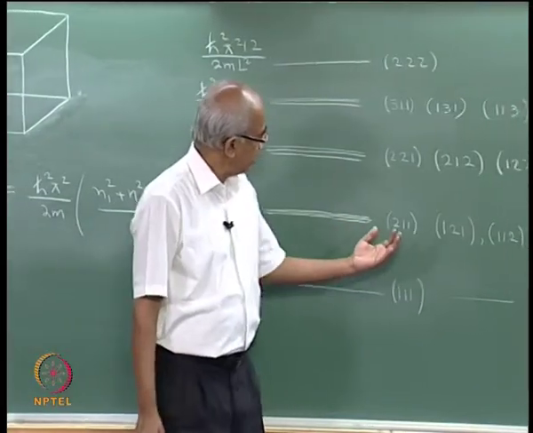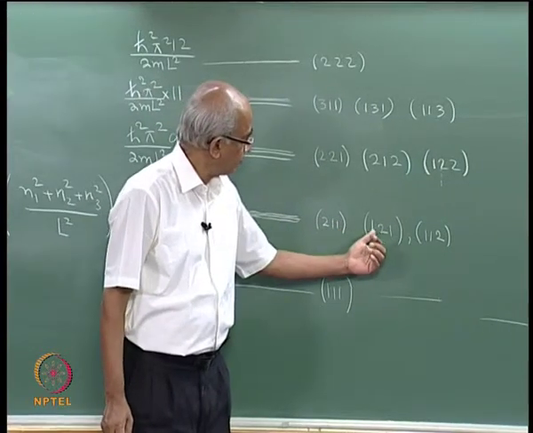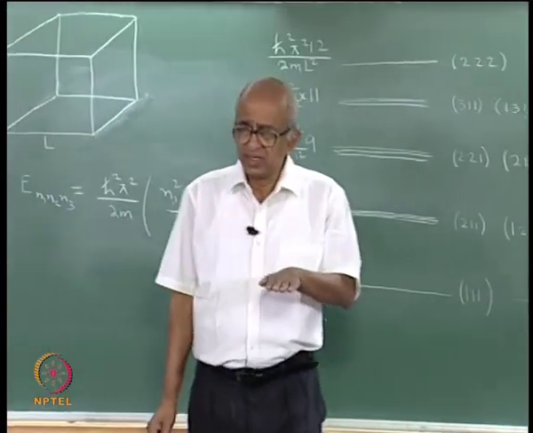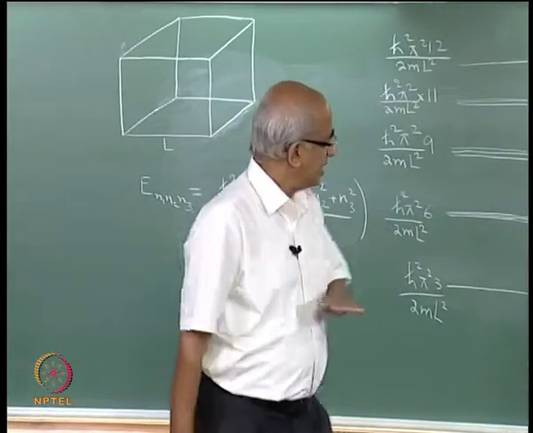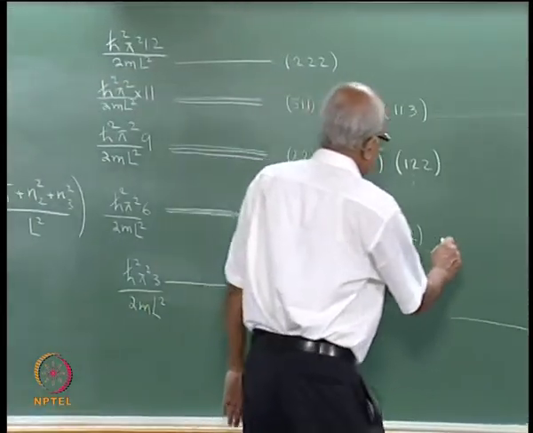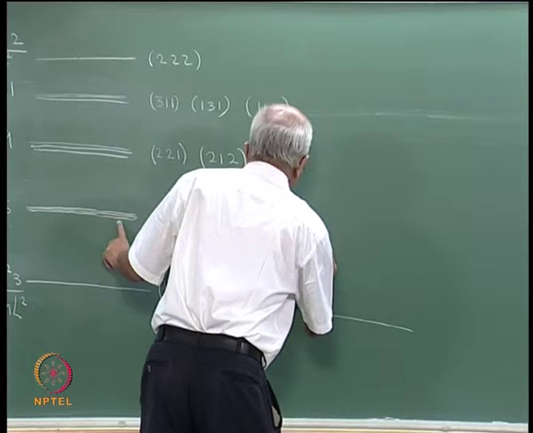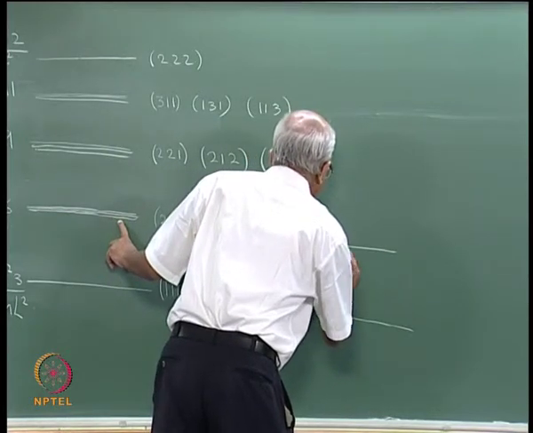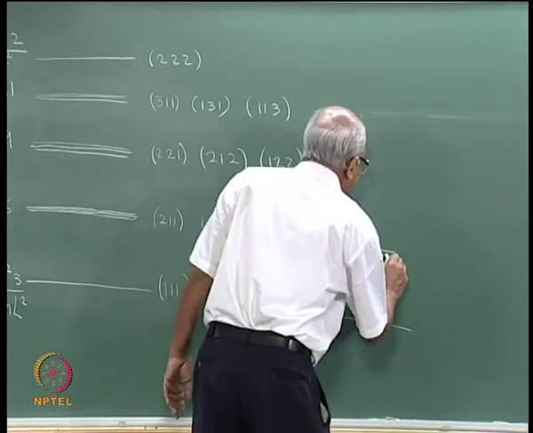You will find that these also, 211 and 121, also will get lower, but by exactly the same amount. So, I can represent them here, they are lower than in this earlier figure.